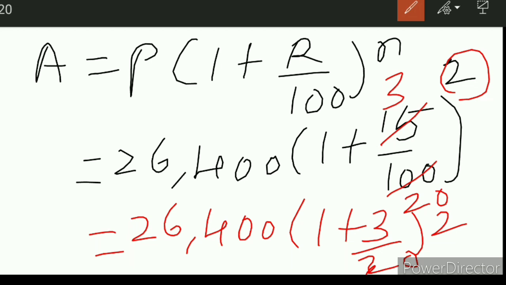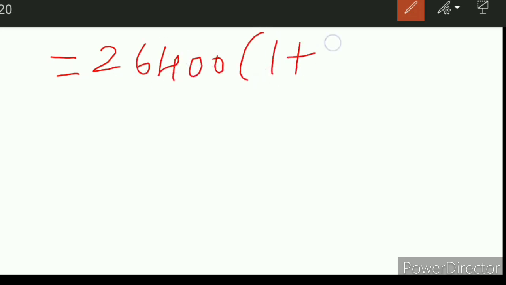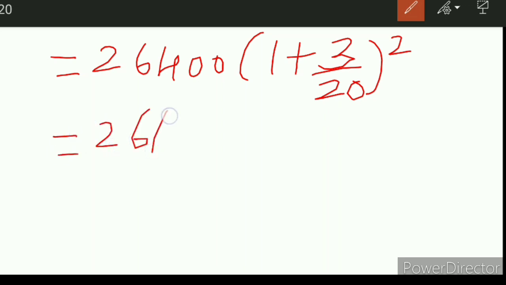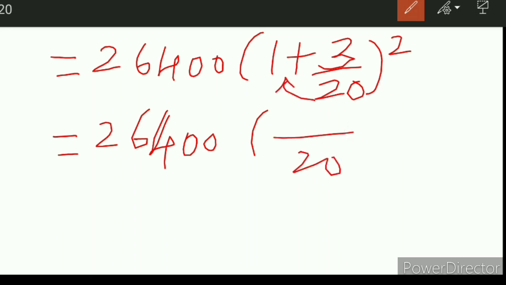Next page I'll continue. 26,400 into 1 plus 3 by 20 whole to the power 2. Now we should simplify inside the bracket. 20 is the LCM, do cross multiplication. 20 into 1 is 20, plus 3 is 23 by 20 whole to the power 2.